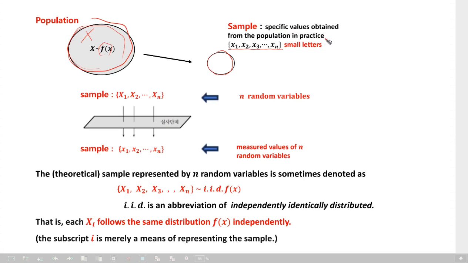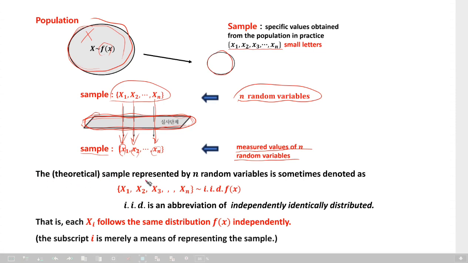Another view is that the sample can be denoted by random variables X1, X2, Xn, like this, random variables. There is a survey step. Through the survey procedure, we get real numbers, specific values, x1, x2, xn. This is also a sample, measured values of n random variables. The realized values are the small letters x1, x2, xn.